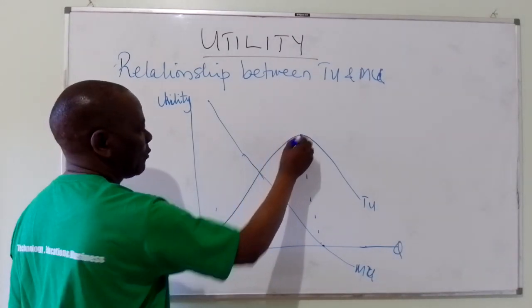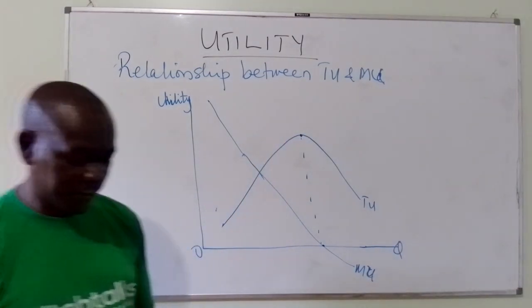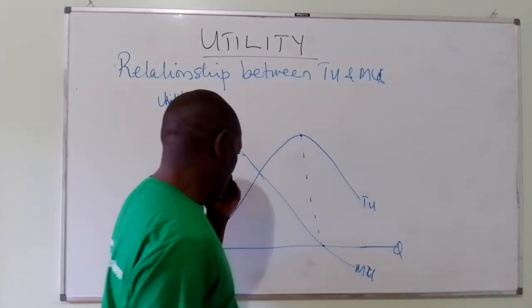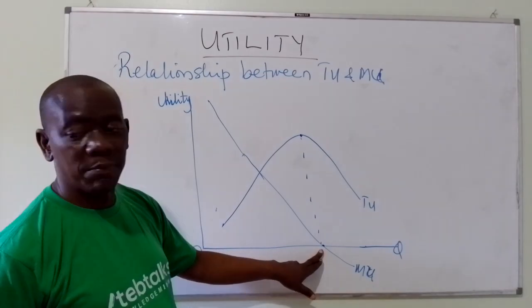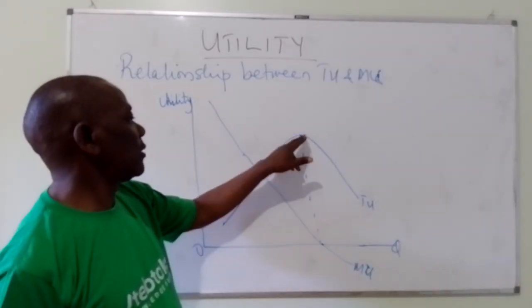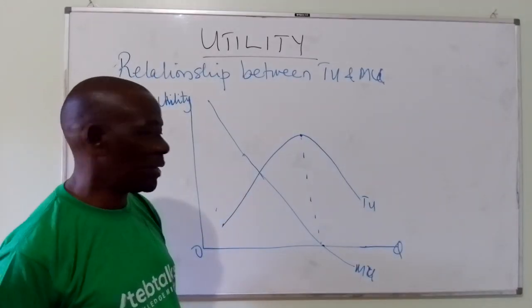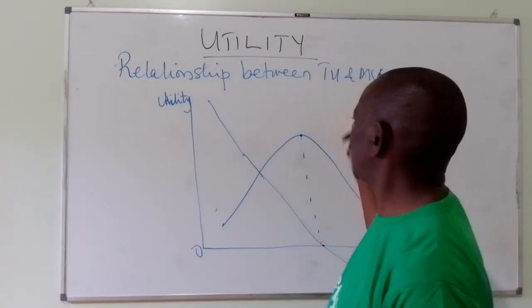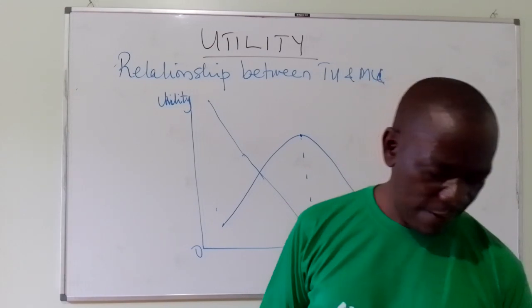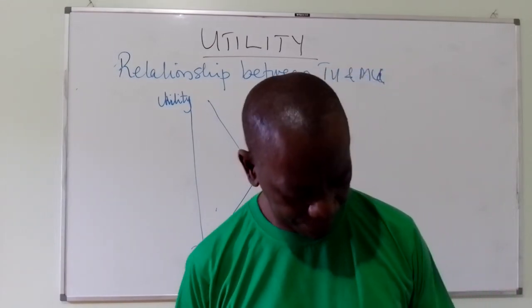Now we have 2 points here which we have to note: when marginal utility is 0, total utility is at its maximum. So when you are looking at the relationship between total utility and the marginal utility.